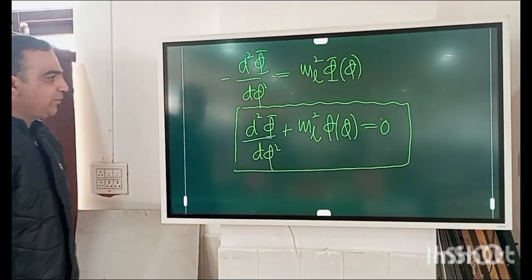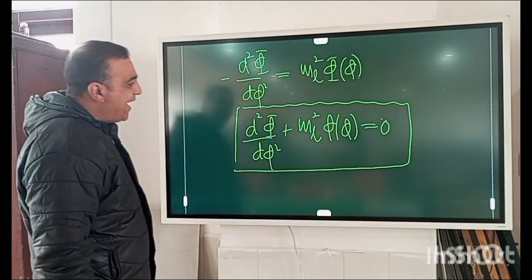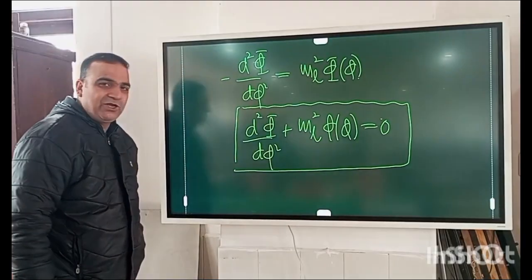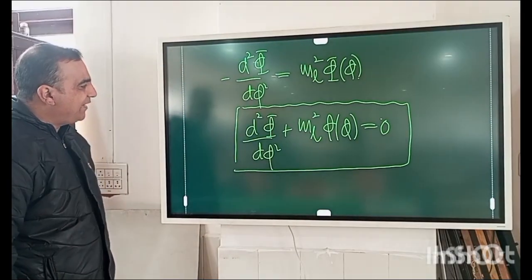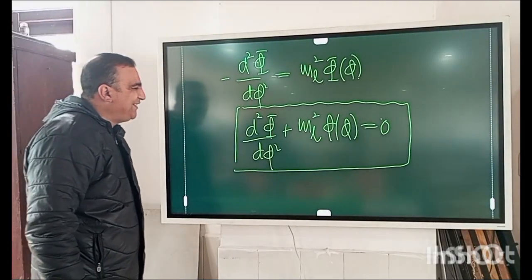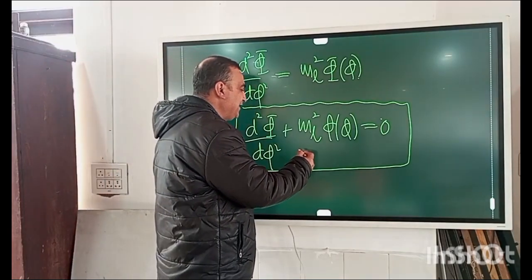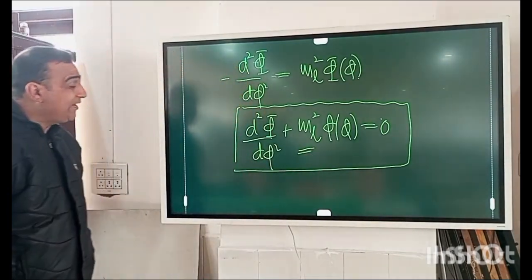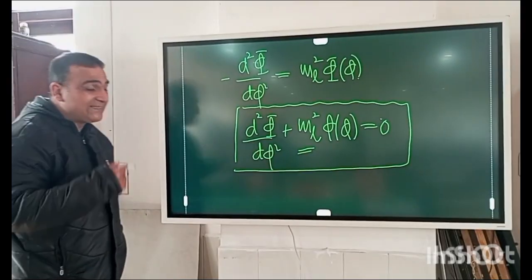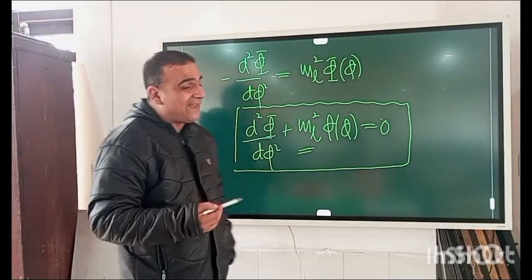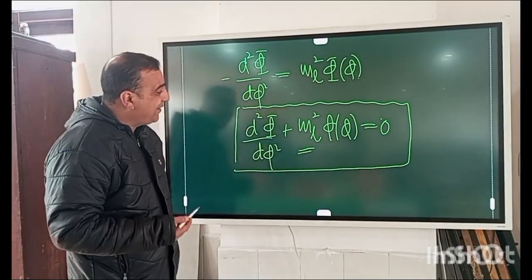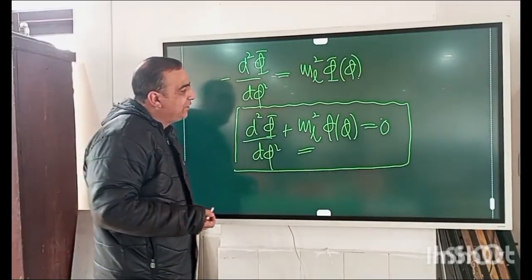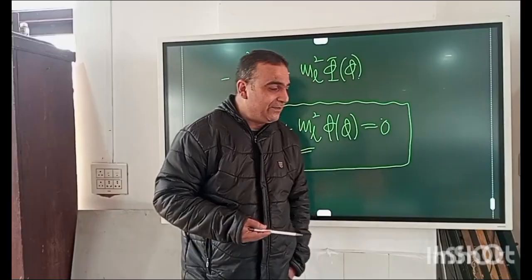This is my second order differential equation in terms of φ, and I can write down its solution and predict the values of ml, which you will see naturally act as magnetic quantum numbers, or what we call azimuthal quantum numbers for the hydrogen atom.